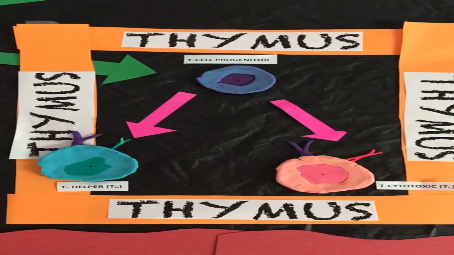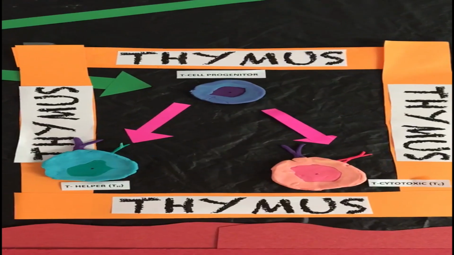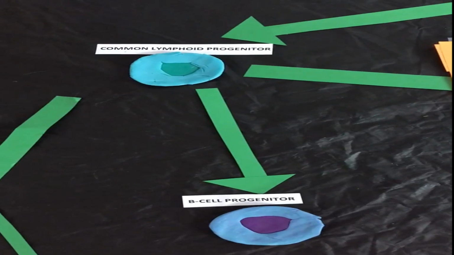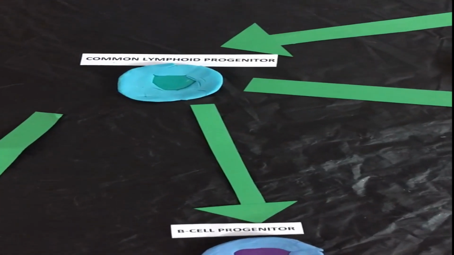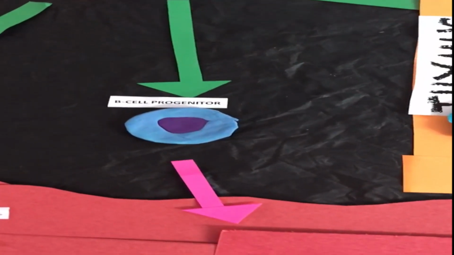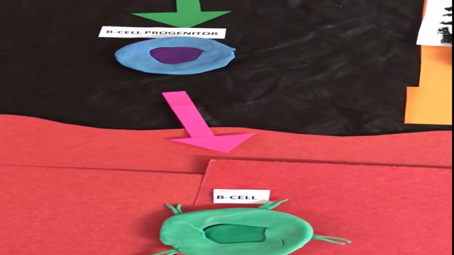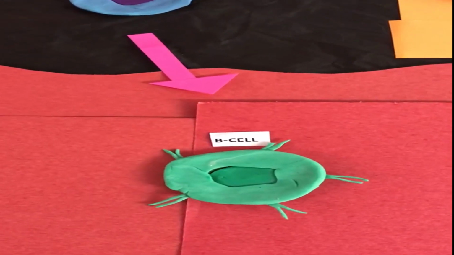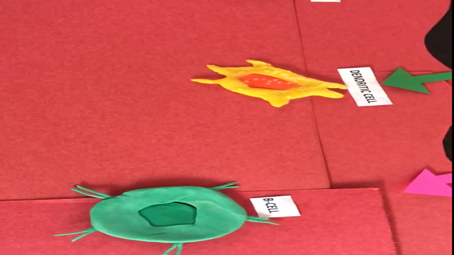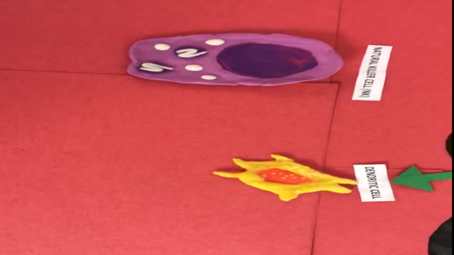The B cell progenitor just simply makes a mature B cell, and this is all for our lymphoid progenitor. So our lymphoid progenitor has a B cell progenitor, a T cell progenitor, it produces a natural killer cell, and it produces a dendritic cell.